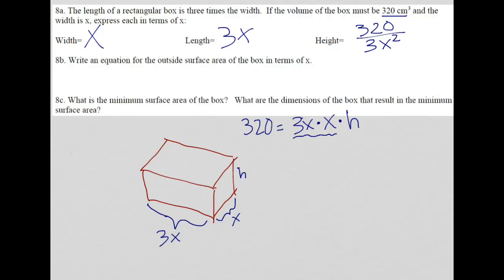Write an equation for the outside surface area of the box in terms of x. Okay, let's do that. But real quick, I'm going to draw a second box here so we can visualize things that are happening behind the scenes. And when I say behind the scenes, I really mean behind the scenes.